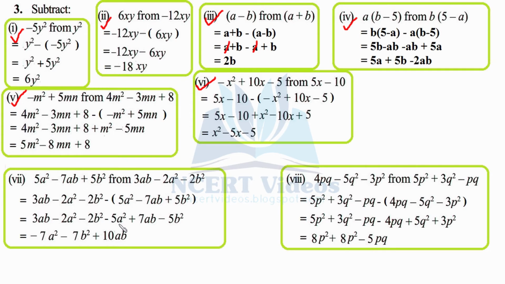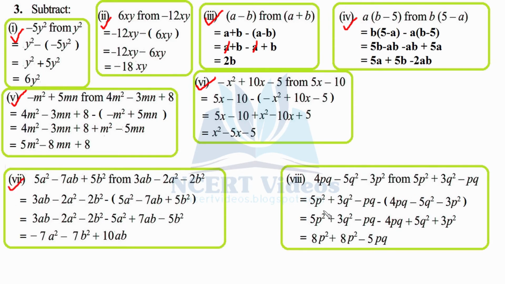So a square, we have these a squares, minus 2 and minus 5, minus 7a square. And now let's find b square. B square, again minus 5 minus 2 is minus 7b square. And now we are only left with ab. Here we have both positive, therefore 7 plus 3 is plus 10ab.